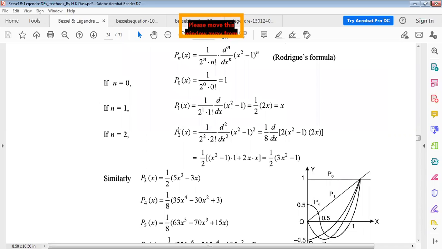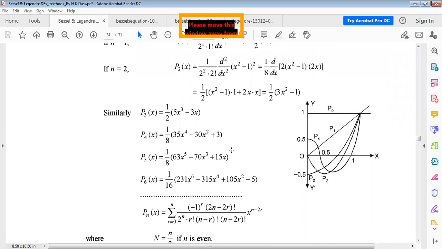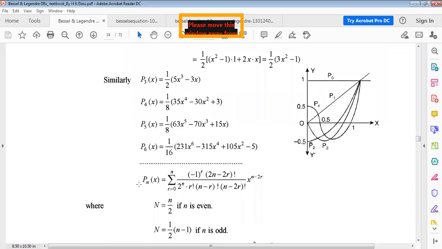If n equals 2, P2(x) equals 1 by 2 square, 2 factorial, and the second derivative of (x square minus 1) whole square. Using the (a minus b) whole square formula and differentiating, with x to the n giving n times x to the n minus 1, and differentiating again, we get 1/2 (3x square minus 1). Similarly we get P3, P4, P5, P6, and so on, and Pn.